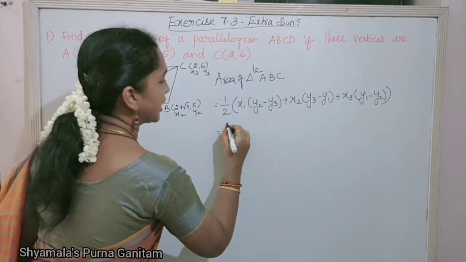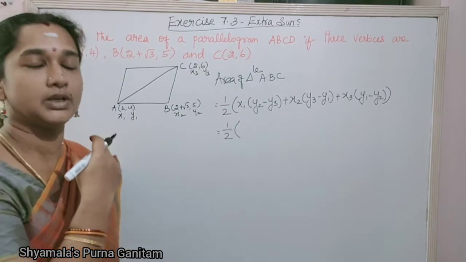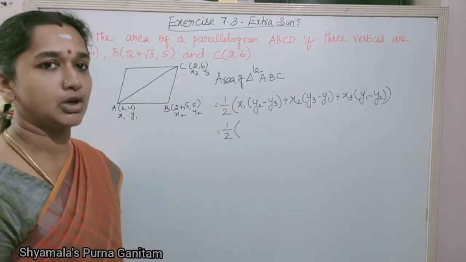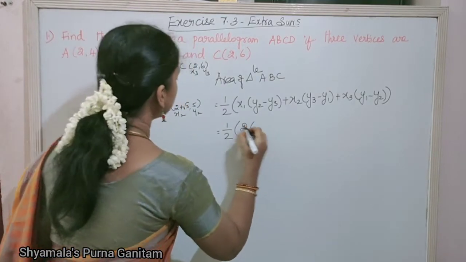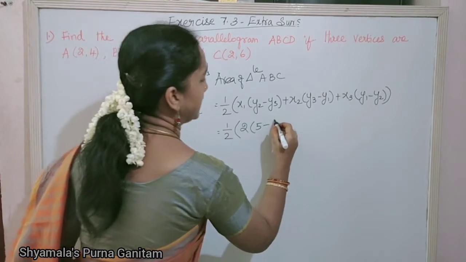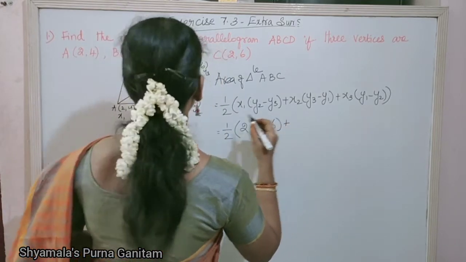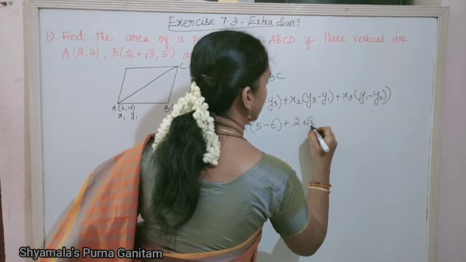So in this we are going to substitute all the 6 values. x1 is 2, y2 is 5 minus y3 is 6, plus x2 value is 2 plus root 3.